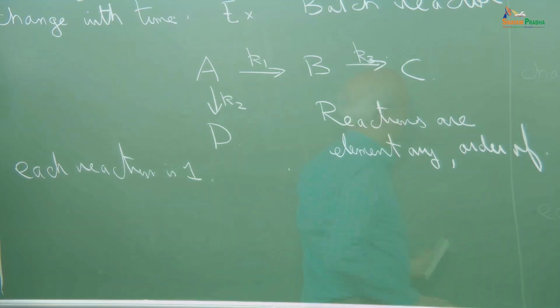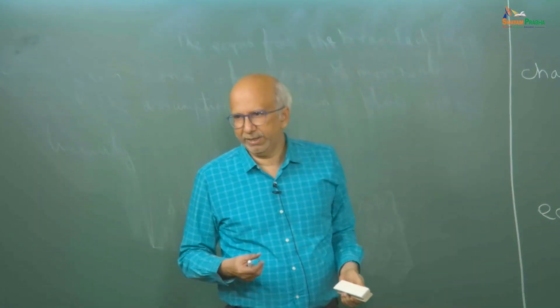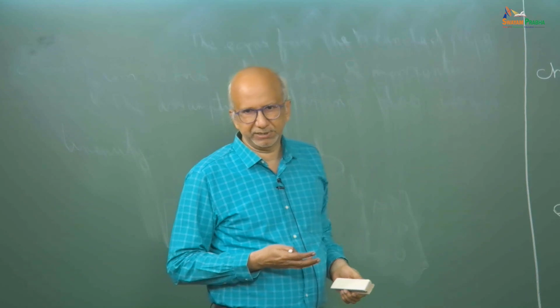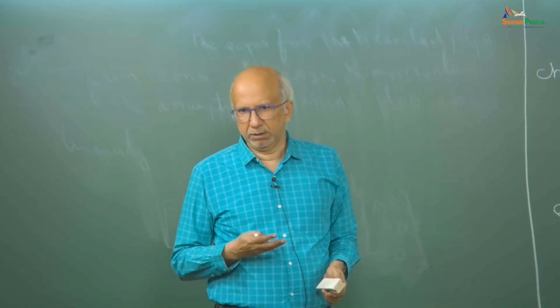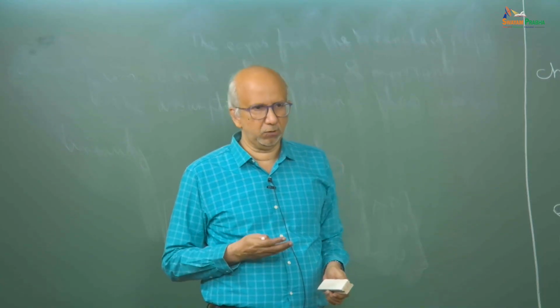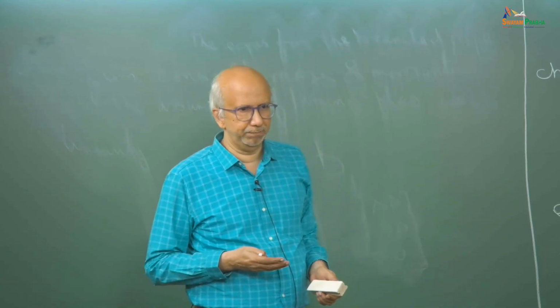So, again you have to write your mass balance equation for all the different species and then get your governing equation which describes how the concentrations change with respect to time. Okay.